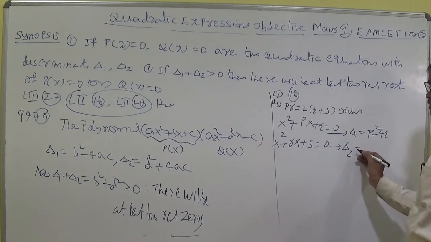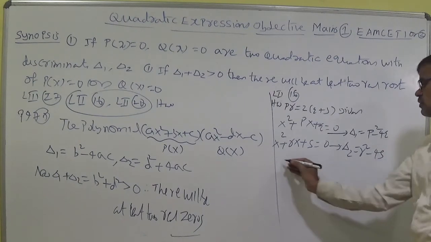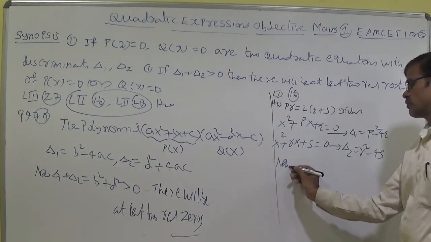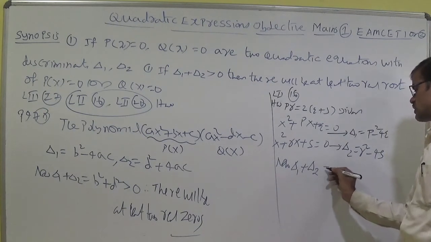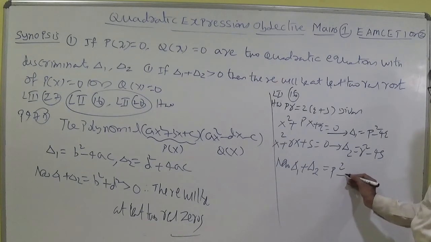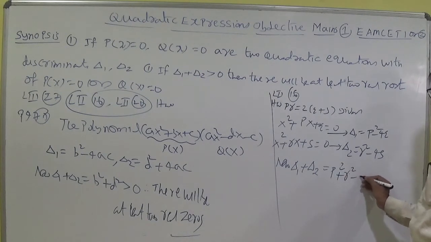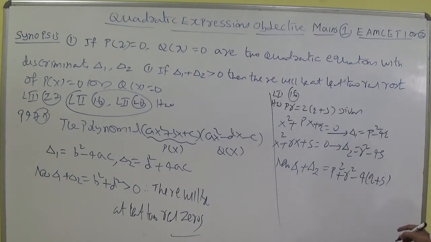Here delta 2 is r square minus 4s. Now, based on the sum of the discriminants concept, delta 1 plus delta 2 is p square plus r square minus 4 times q plus s, taking 4 common within brackets.